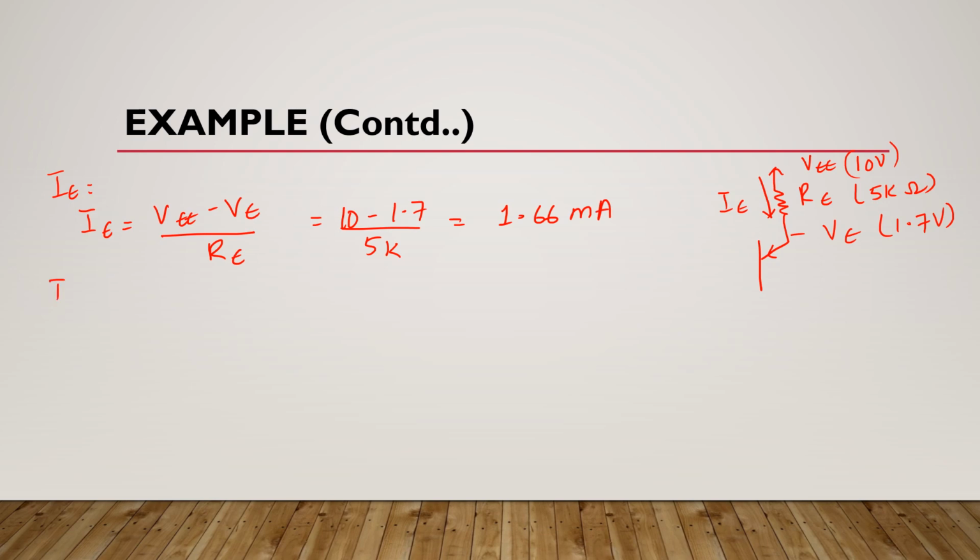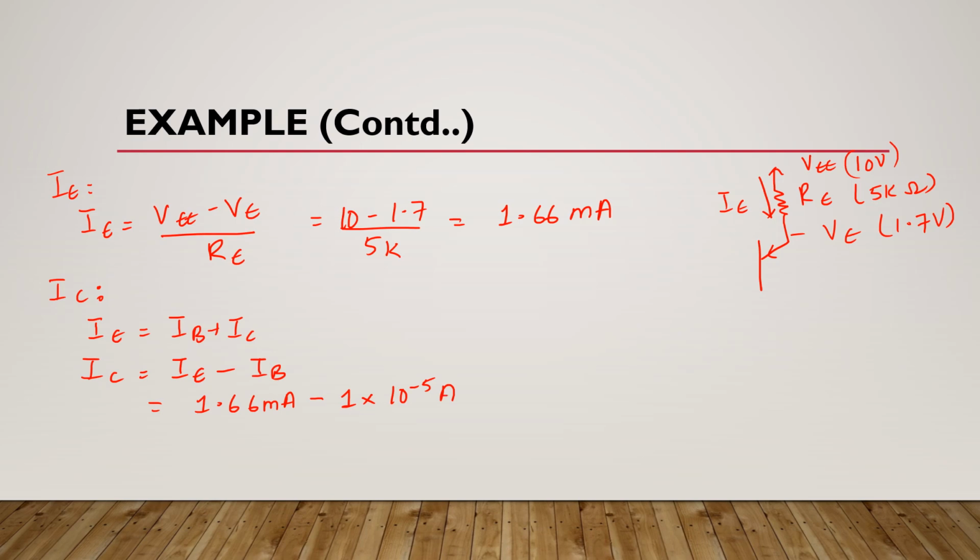Now we will find collector current. We know that IE is equal to IB plus IC. It means IC is equal to IE minus IB. Here this IE is 1.66 milliamperes and IB was 1 into 10 raised to the power minus 5 amperes.